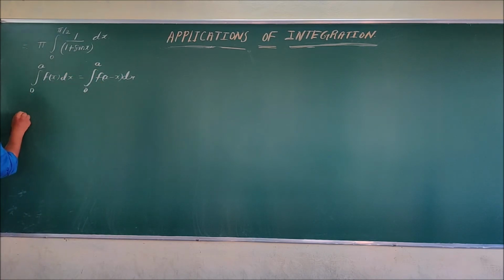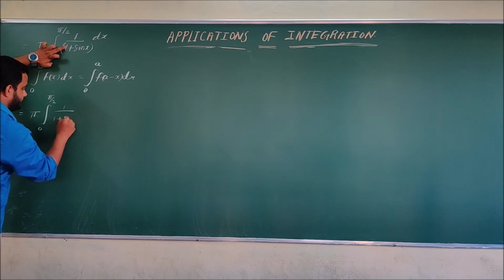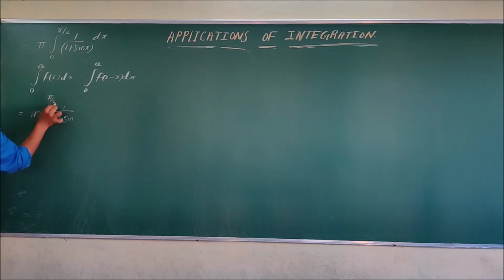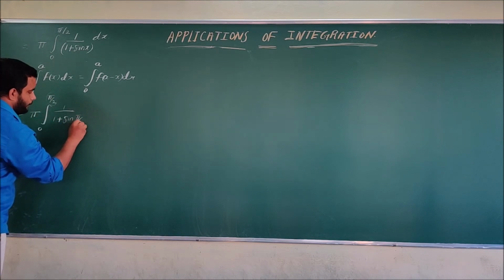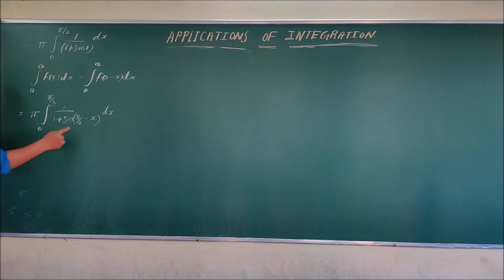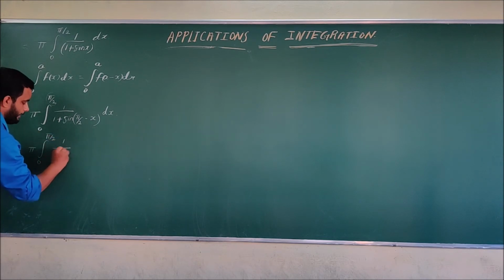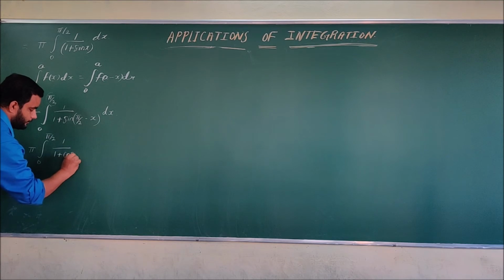So pi into the integral of 0 to pi by 2, 1 by 1 plus sin of pi by 2 minus x, into dx. Sin of pi by 2 minus x is cos x. So pi into the integral of 0 to pi by 2, 1 by 1 plus cos x.